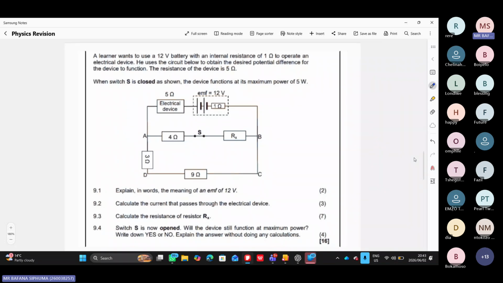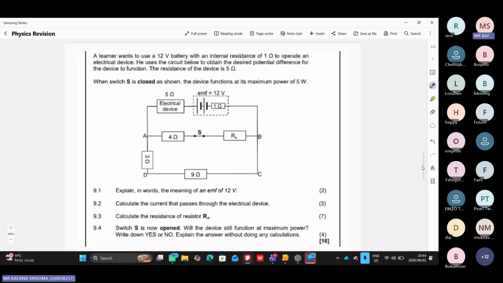He uses the circuit below to obtain the desired potential difference. You see why I don't want to read questions. The resistance of the device is 5 ohms. When switch S is closed, as shown below, the device functions at its maximum power of 5 watts.